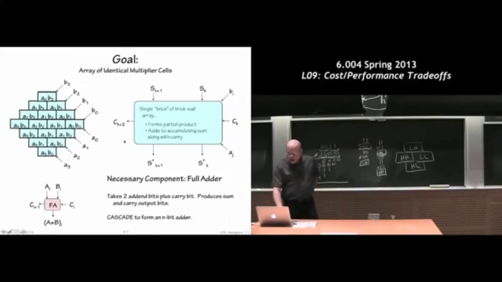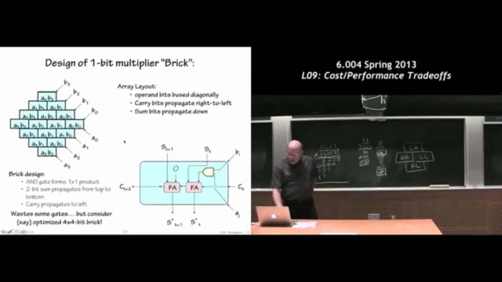So here's a design. Notice that we basically have the 2 operands coming in diagonally, and then the carry in from the bits of lesser significance, the carry out to the bits of more significance, and then the 2 bits from above and the 2 bits below.